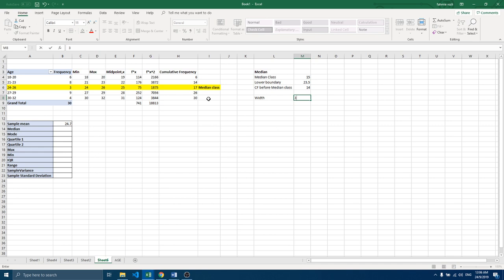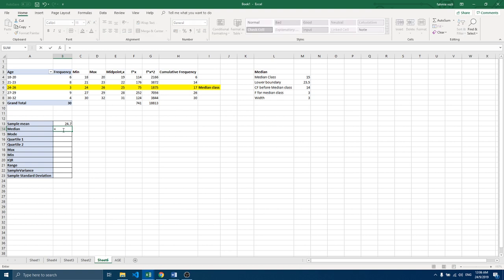And next you have to find F, which is the frequency for the median class. So what is the frequency for your median class? This is your median class. Frequency is 3, so it's equal to 3. Okay, that's it.